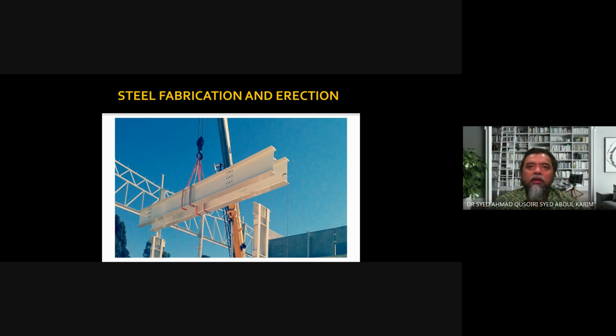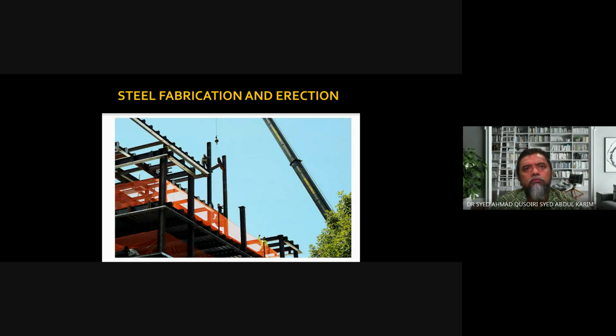Okay, so you can see there the connections are being made at the site. Sorry, at the shop. So these are the bolt types of connections, and it's being lifted into position by using a crane. Okay, same goes here.